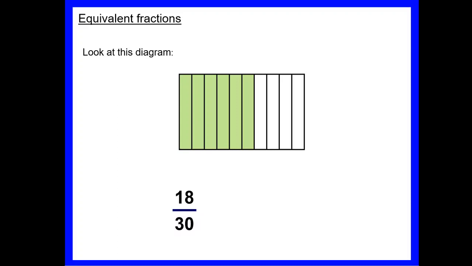So we've now got 6 out of 10 coloured in green. So we've gone the other way. To get from 18 to 6, we would need to divide by 3, and from 30 to 10, we divide by 3. So again, they're still equivalent. They're still equivalent because we've done the same to the numerator and to the denominator.